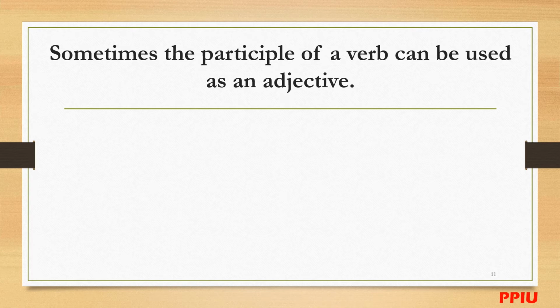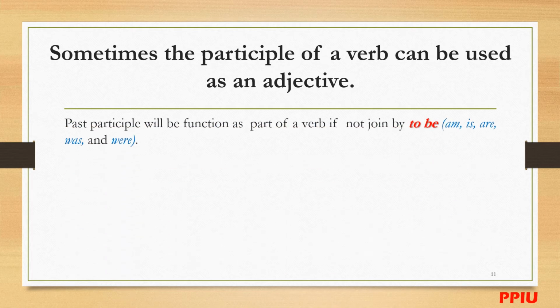Okay, sometimes the participle of the verb can be used as an adjective. The participle functions as an adverb or adjective if it is not joined by to be, is, are, was or were.